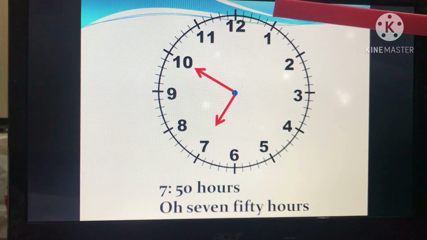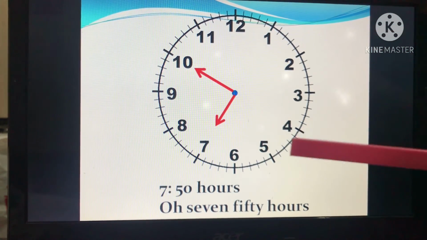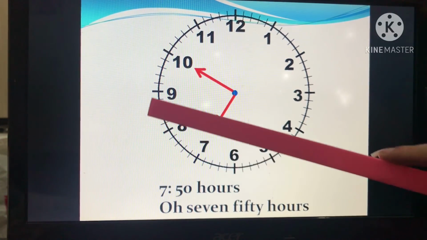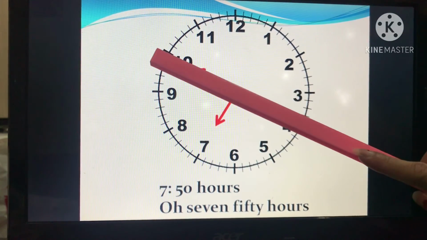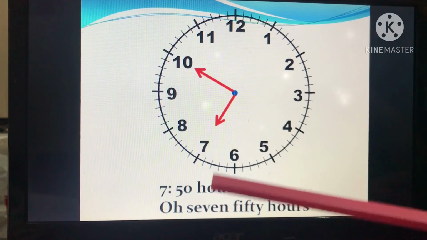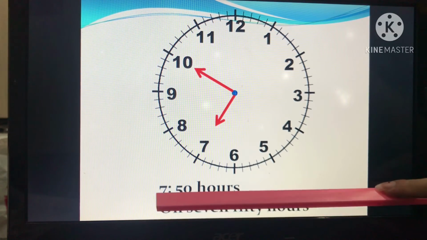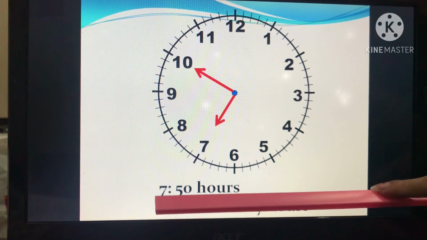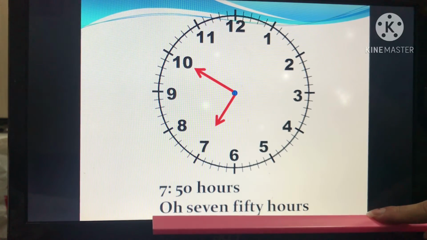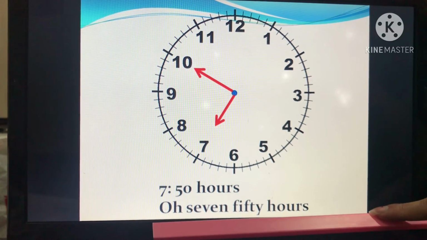We count 5, 10, 15, 20, 25, 30, 35, 40, 45, 50. And how do we read the time? We read it as 0750 hours.